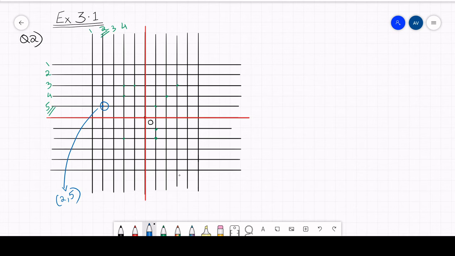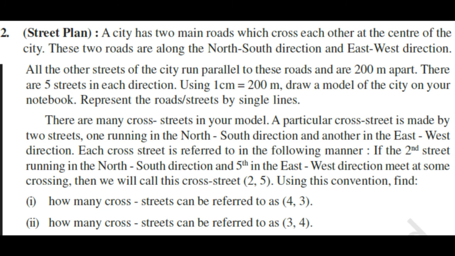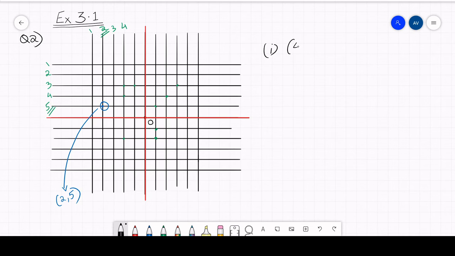And that brings us to the first part of this question. The first part says how many cross streets can be referred to as (4, 3). So by this notation, we know that (4, 3) would be that cross street which will be the intersection of north-south street number 4, it's this one, and east-west street number 3, which is this one.